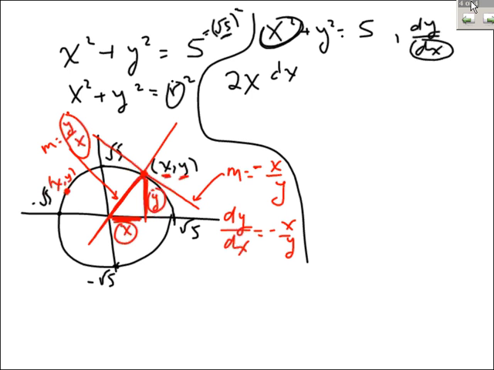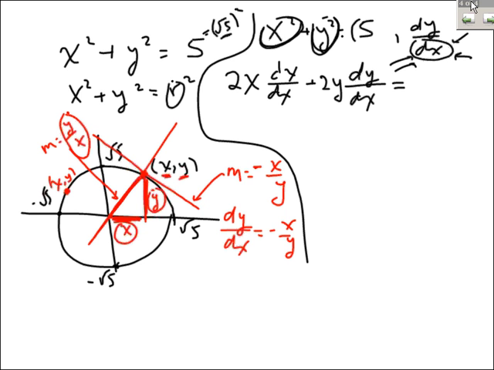It's clearly in terms of x, and we're taking it with respect to x. Plus, the derivative of y squared is 2y dy dx. What we're taking the derivative of is in terms of y, and we're taking it with respect to x, equals the derivative of 5 is 0.